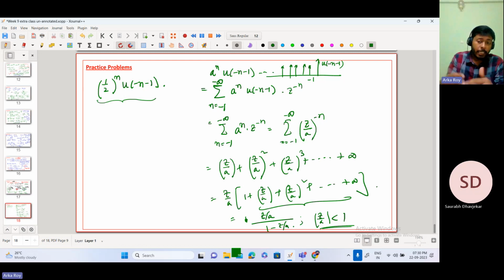Any infinite series cannot have this particular summation relation, because the summation of infinite values may shoot up to infinity. So to get to this form, you need to ensure that the mod of the common ratio should be less than 1. Then only the values are decaying with the increment of this z by a.